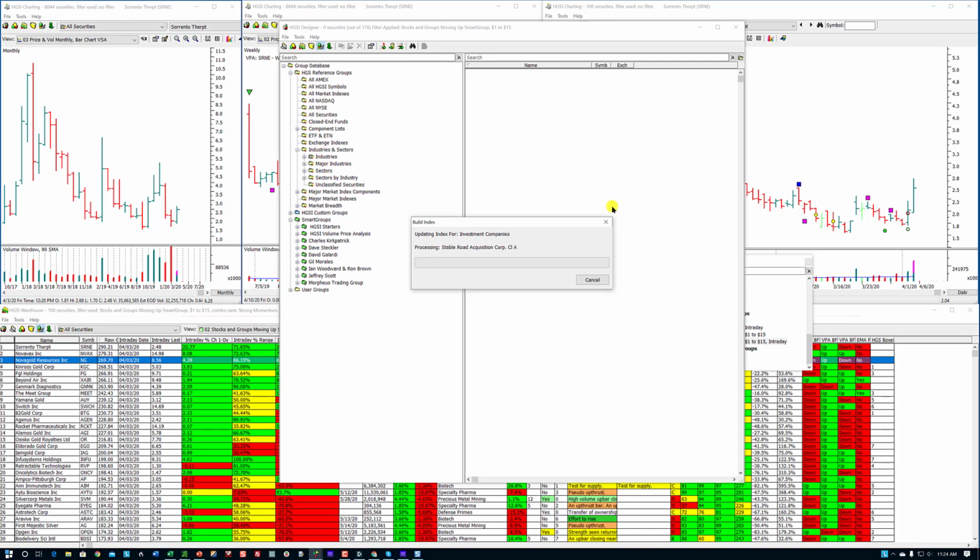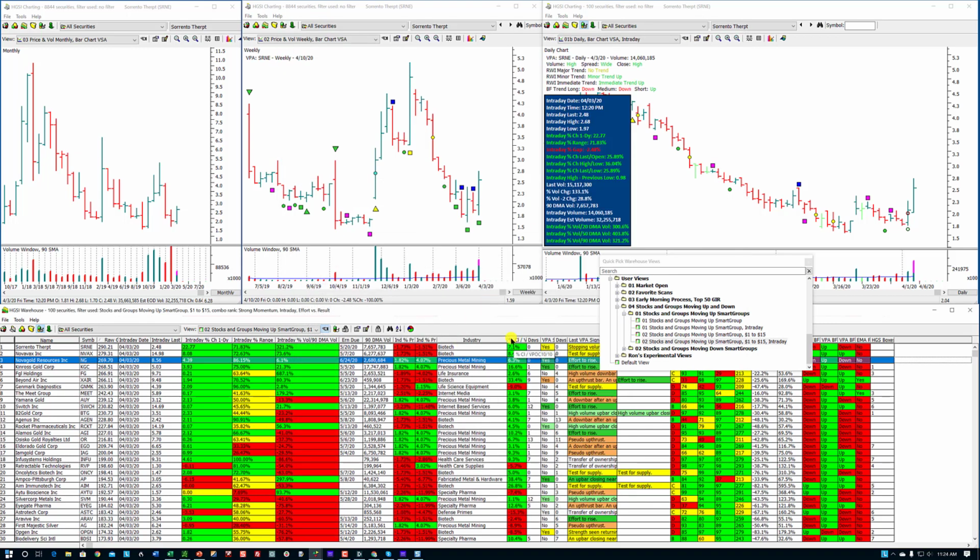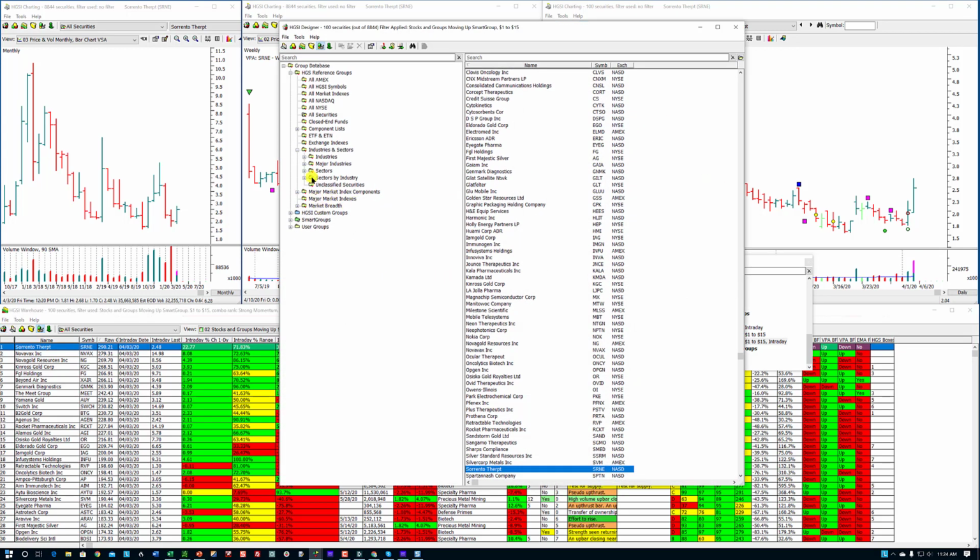So I'm rebuilding all the industries, and I'll get a current read on what these industry groups are doing. And what do we have here? You can see that precious metal and mining is 1.82. The industry group for the biotechs is actually down today. So what I did is I went from the end of day group strength to the intraday group strength just by going in and rebuilding the indexes.